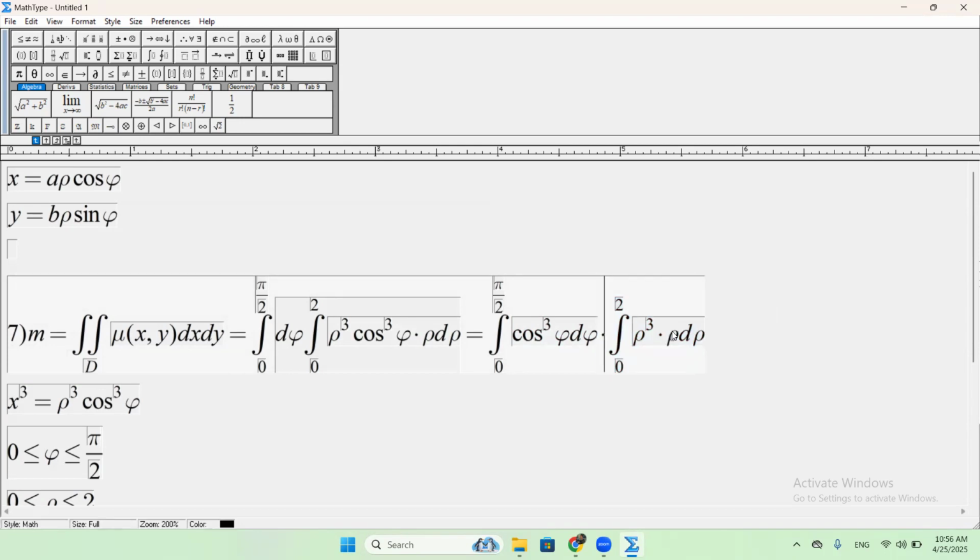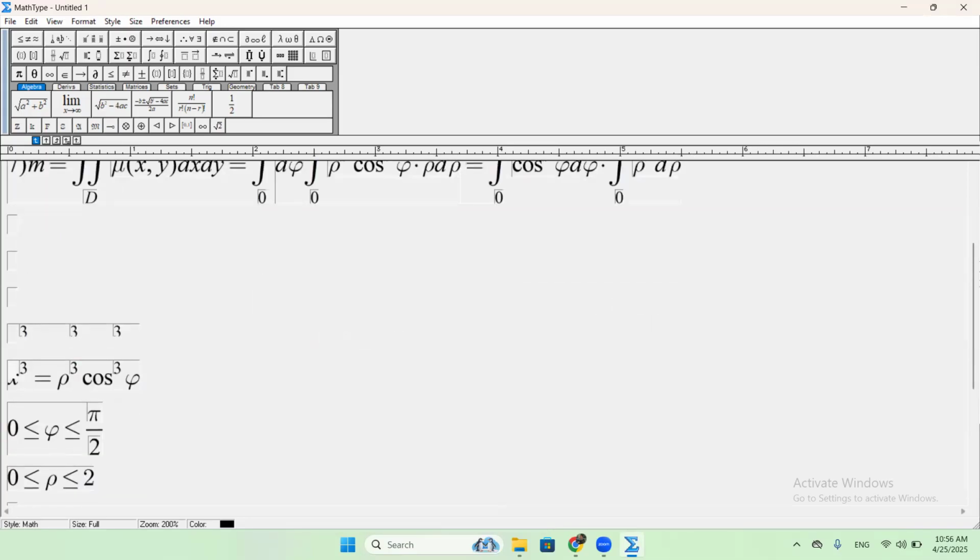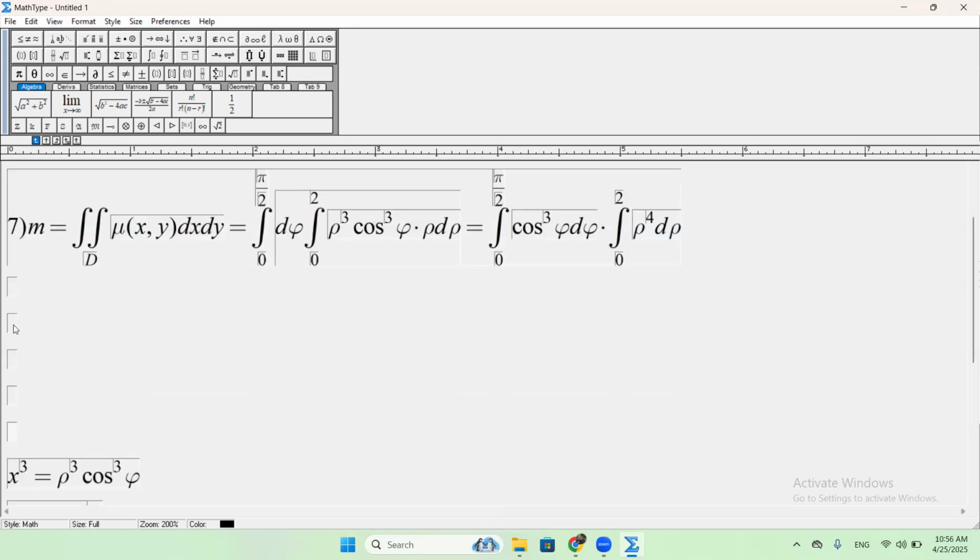So we integrate rho in power of 4. Let's calculate both integrals separately.